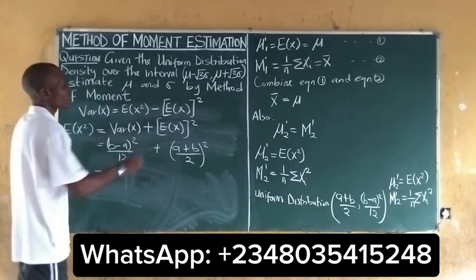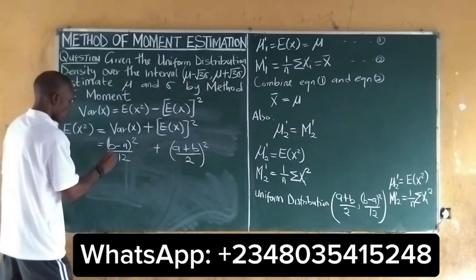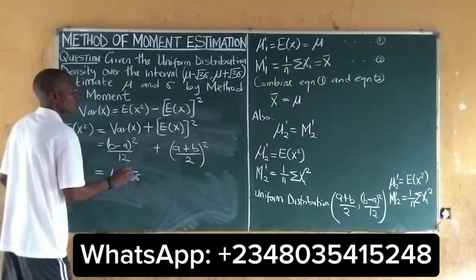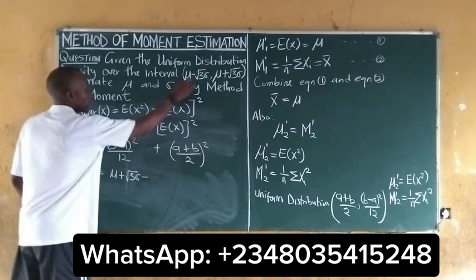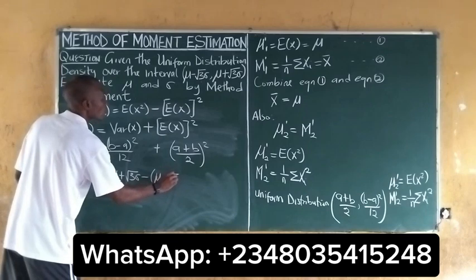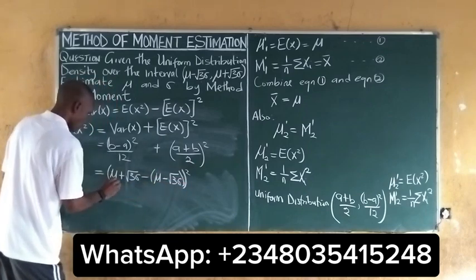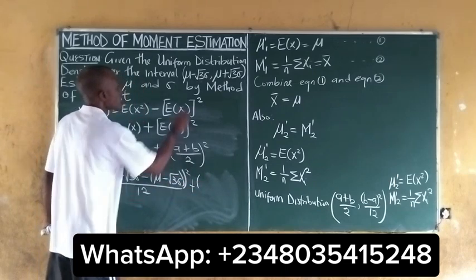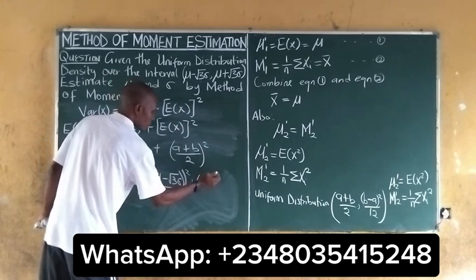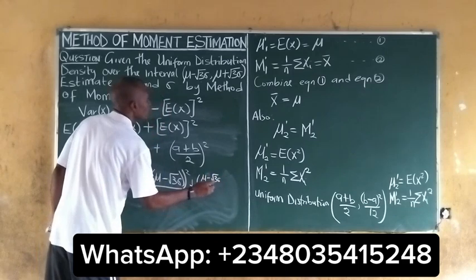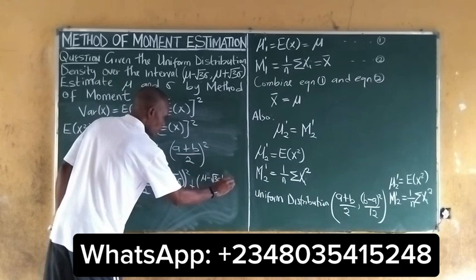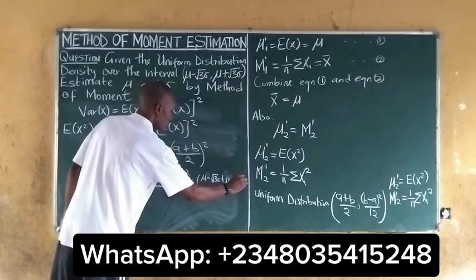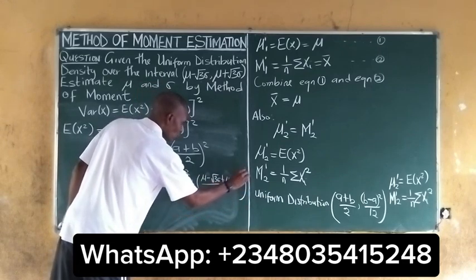So what is b minus a? B minus a is the interval, which is b, mu plus square root of 3 sigma, minus a, mu minus square root of 3 sigma, all squared all over 12, plus a plus b, which is mu minus square root of 3 sigma plus mu plus square root of 3 sigma, all over 2 all squared.